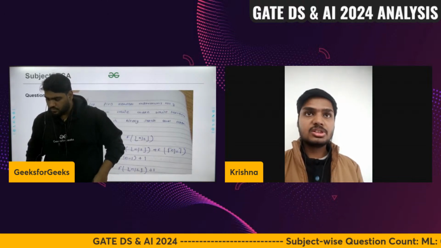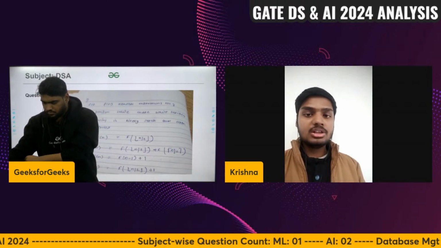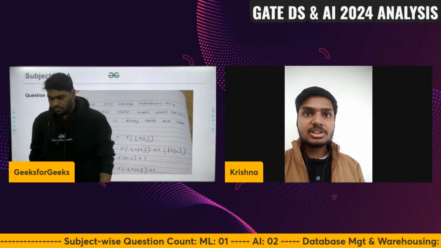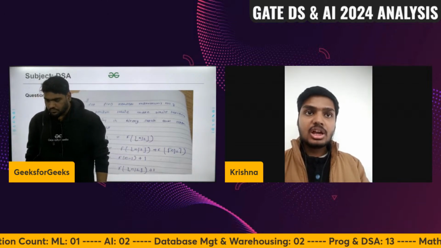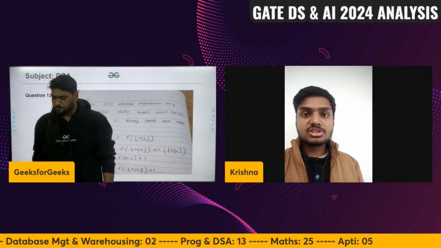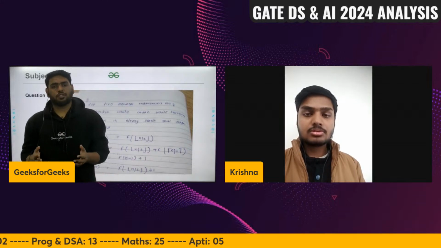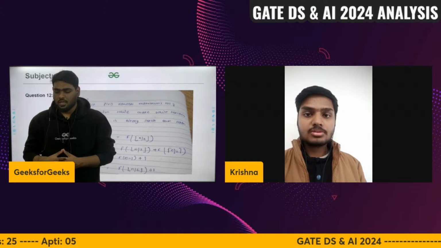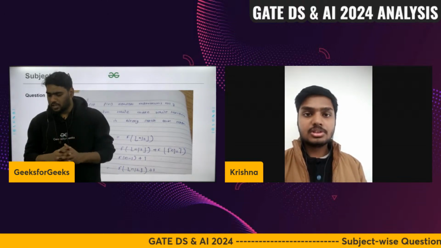I think the reasoning and probability part is a little bit easier compared to previous exams, and it is up to the intermediate level. There are no very hard questions. Okay, so we can say the bar is a little lower for data science than in previous computer science GATE exams, right? Yes, for this particular paper.